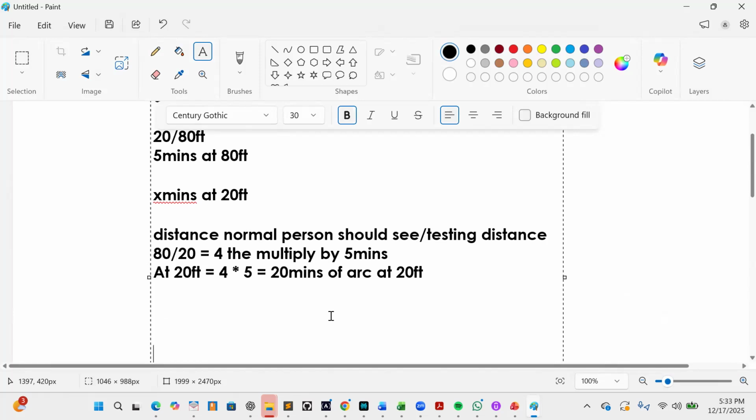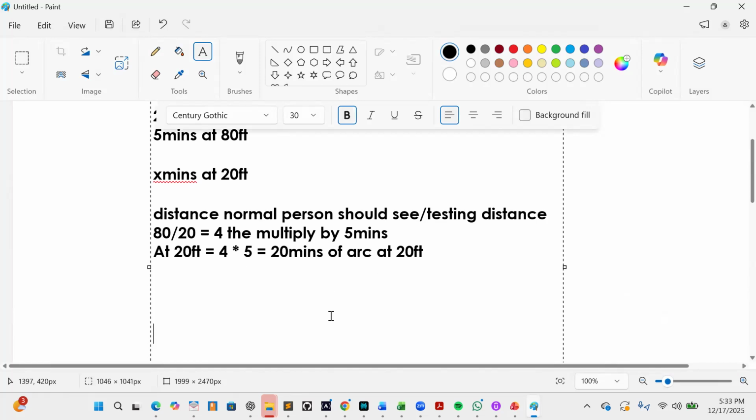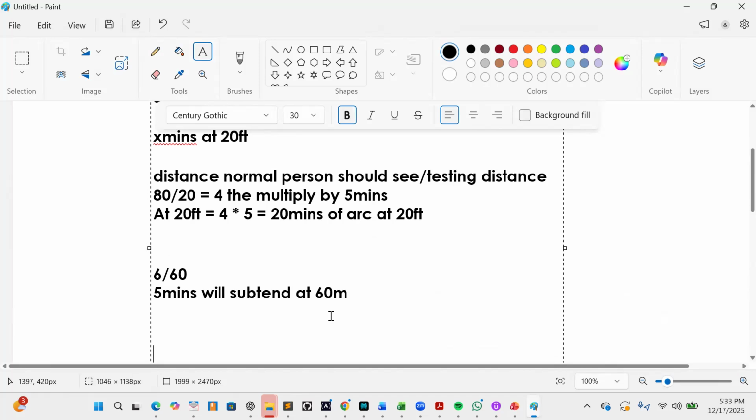Okay, let's do another example. Let's use 6 over 60. Again, we expect a normal person to be able to see at 60 meters. So that 5 minutes is subtended at 60 meters because that's what we expect a normal person to be able to see clearly. Each limb will be 1 minute, so the whole optotype will be 5 minutes. So they must subtend 5 minutes at 60 meters to be able to see clearly. Now to get it at 6 meters, what do you do?